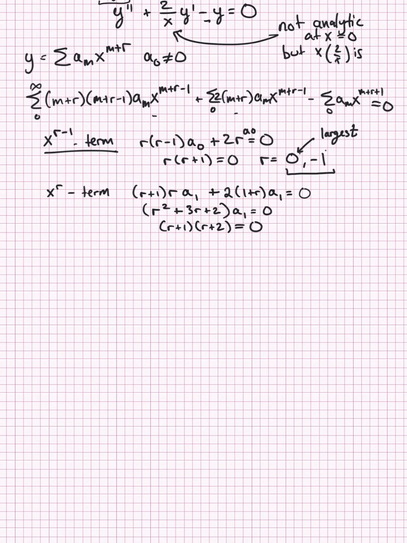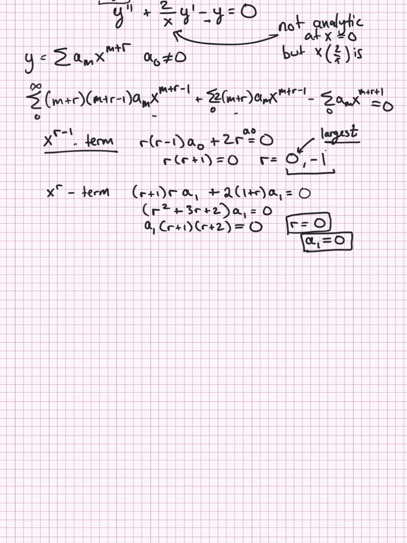Notice that for r being 0, which we're going to assume since we try to solve for the largest r value first, this tells us that a1 has to be equal to 0. And hopefully in our recurrence relation, this will imply a lot of other terms are also equal to 0.